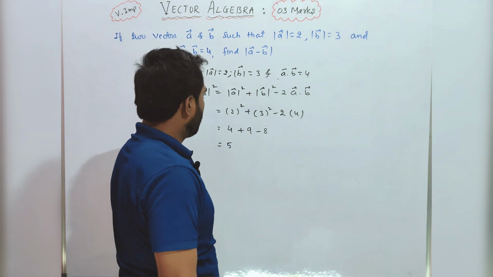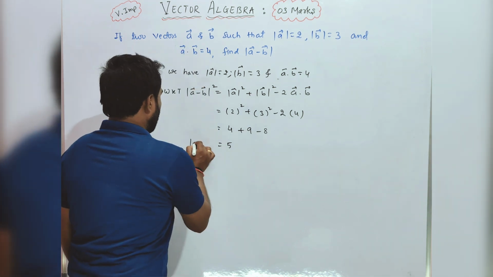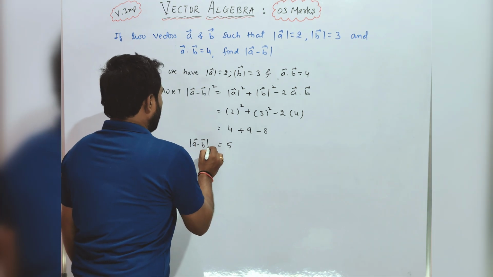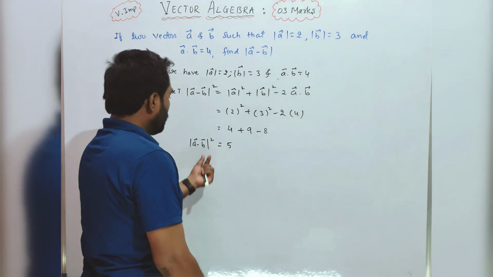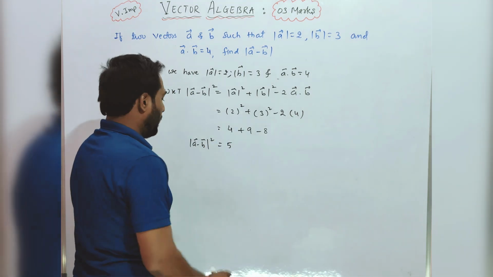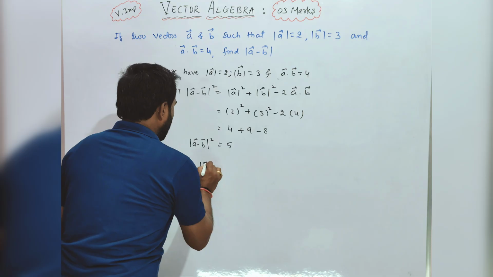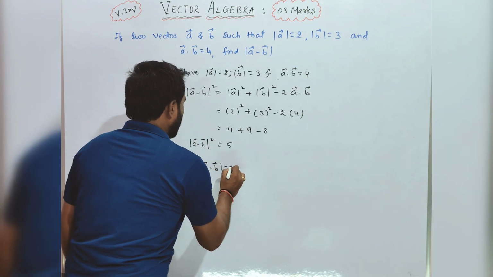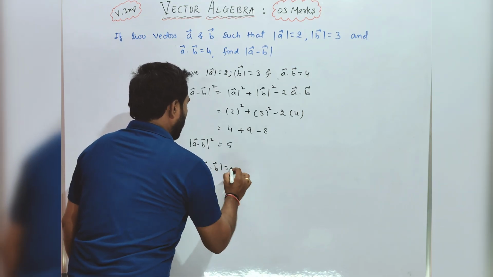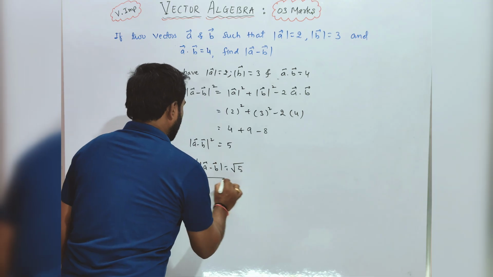So this is your modulus of A minus B whole square. So just take this square into the RHS. Therefore, modulus of A minus B is equal to square root of 5.